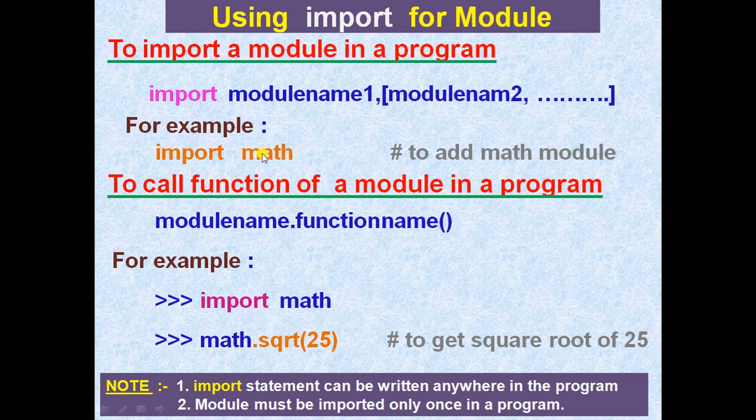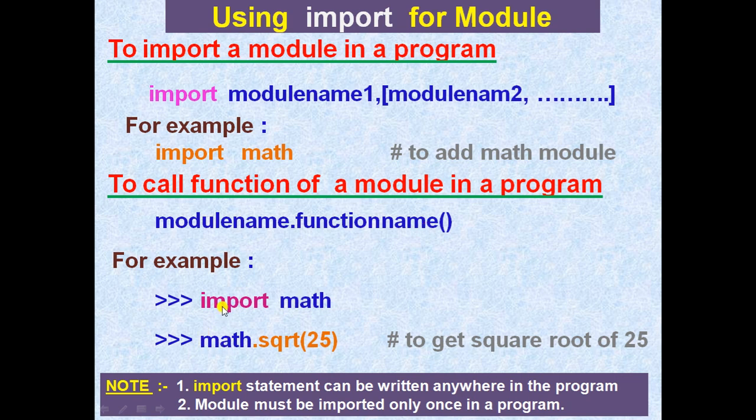Now all the functions of that module are attached with your Python file, but unless you call those functions, they will not work. So to use those functions, you have to call the function. The pattern for calling those functions is: module name dot function name.